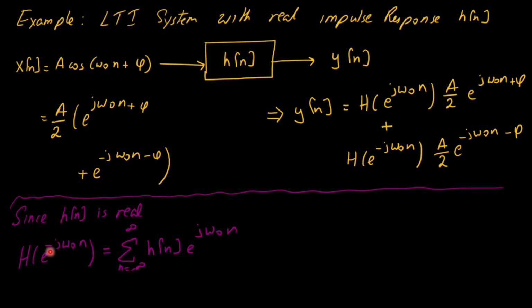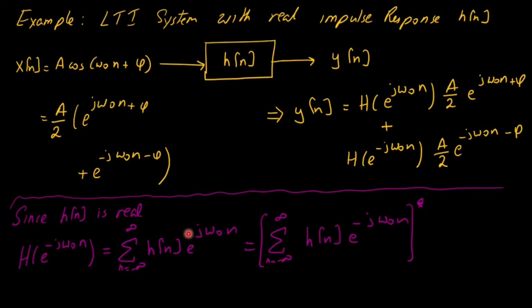Observe that because of this minus, now we have a minus and minus, so it becomes plus over here. So if this was plus, this would have been minus. But since this impulse response is real, we can take the conjugate of this whole expression, and that is expressed over here.